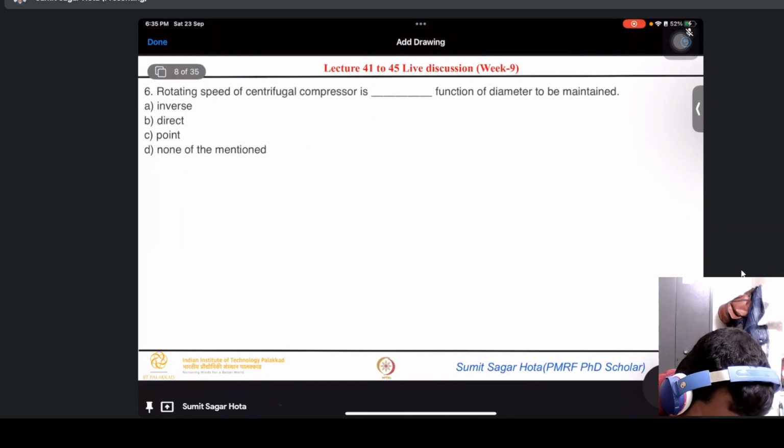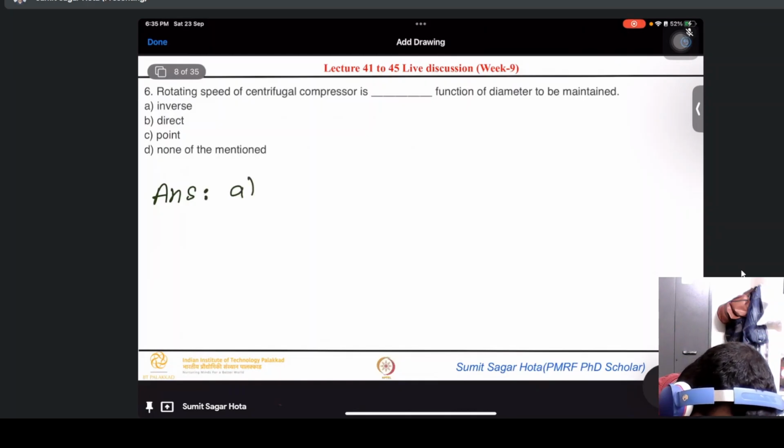The rotating speed of a centrifugal compressor is dash function of the diameter to be maintained. It's inversely proportional. What is the rotating speed formula?